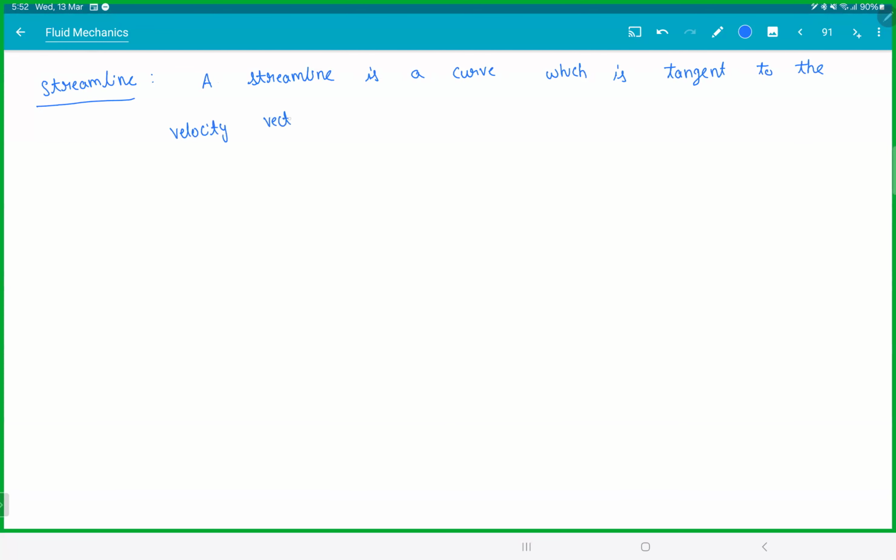More of a technical thing, let me tell you in a simpler way. What it simply says is the path of the particles. For the path, if you draw the tangent, that is tangential to the velocity vector. The meaning of this sentence is simply that a streamline is the path of the particles.